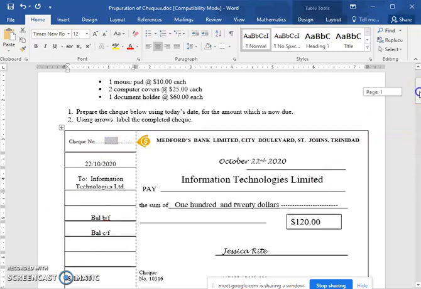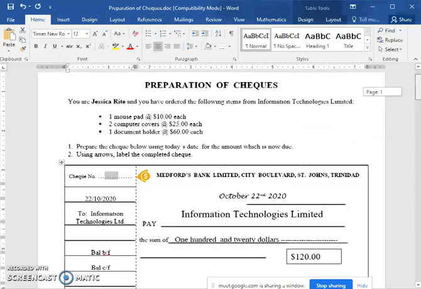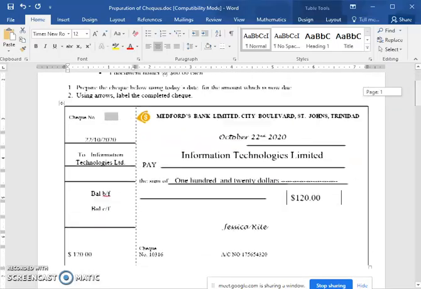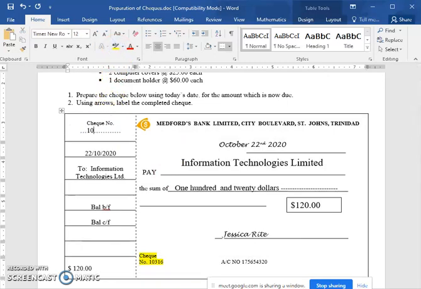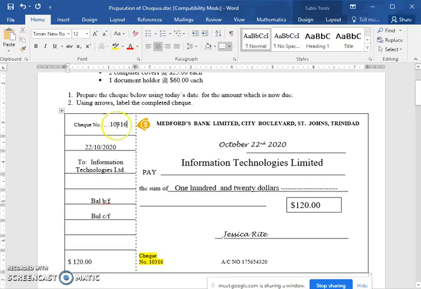Did we get a check number for this check? No? All right. Yes, look, it's right here. Are you seeing the check number here? Right. So the check number will go here, 10316. Good? Very good. Excellent job, class.